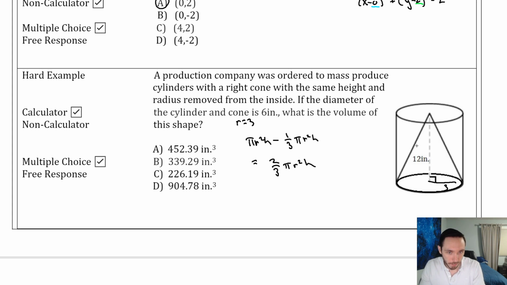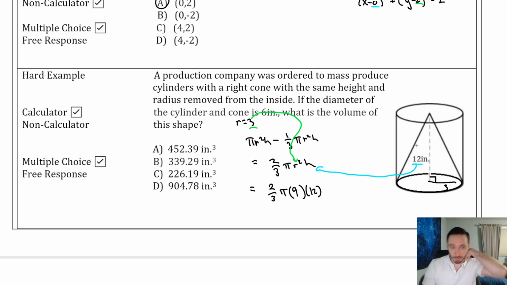So you get 2/3 pi r squared h. I know that my r is equal to 3 here, so I'm going to plug this in for r. And I know that my height is actually 12, so I'm going to plug this in for h. It is calculator active, so 2/3 times pi times 9, right, times 12. 3 squared is 9.